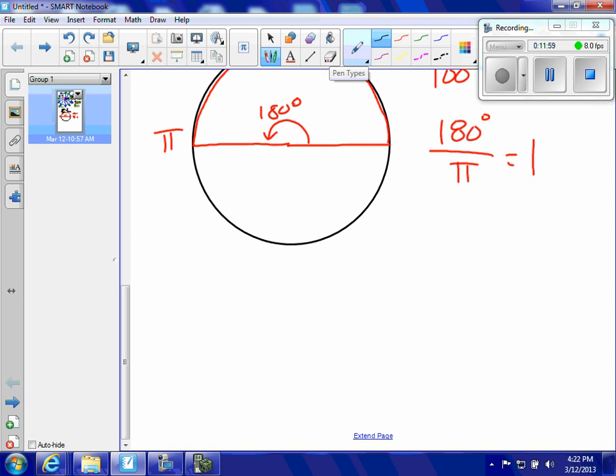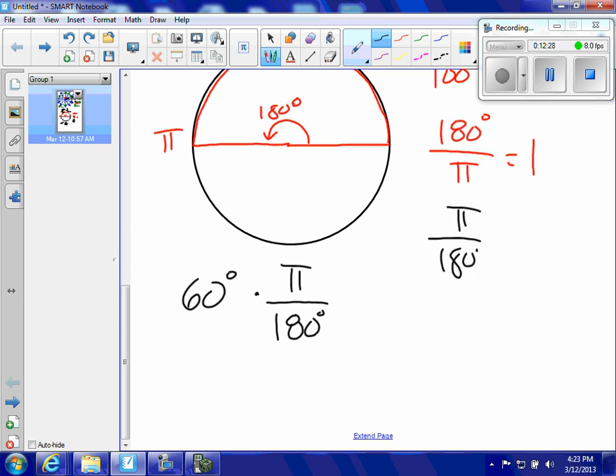And this gives us a way to change any angle from degrees into radians. So let's say, for example, I have a 60-degree angle, and I want to change it into radians. Well, I can multiply 60 degrees times 1, can't I? And I'd still get 60 degrees. But I want my 1 to be in the form of pi radians over 180 degrees. So just like this, pi over 180 degrees is also equal to 1.